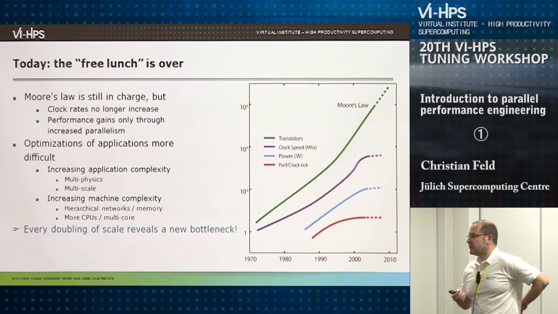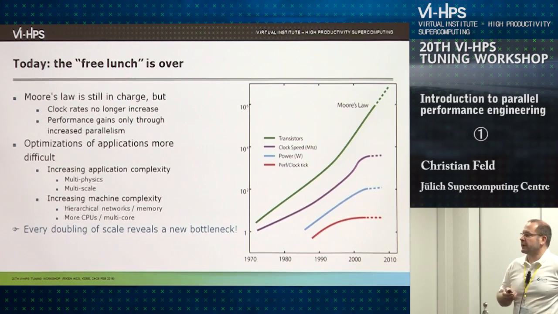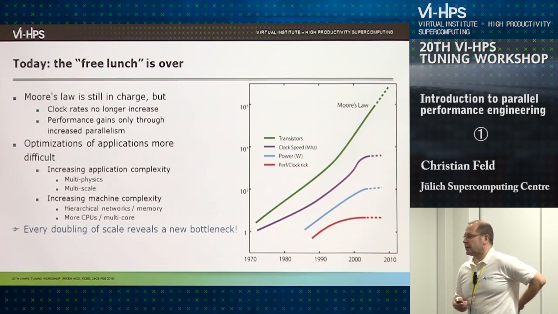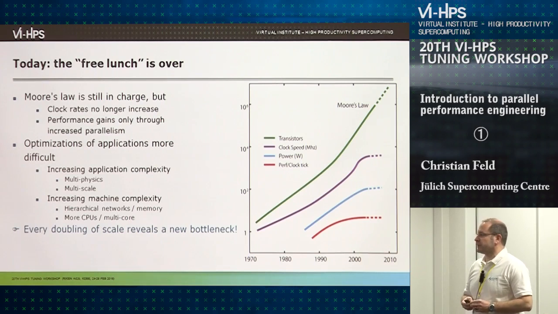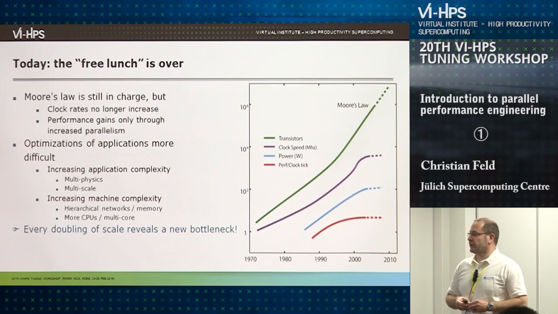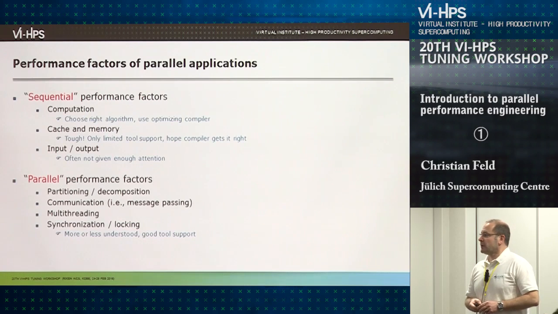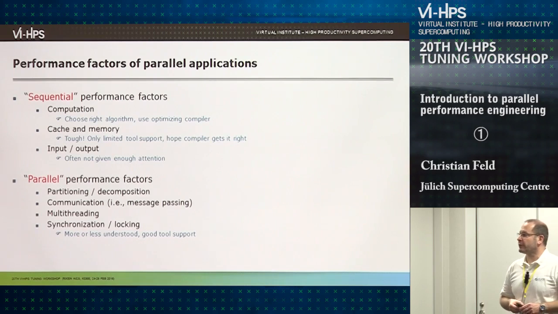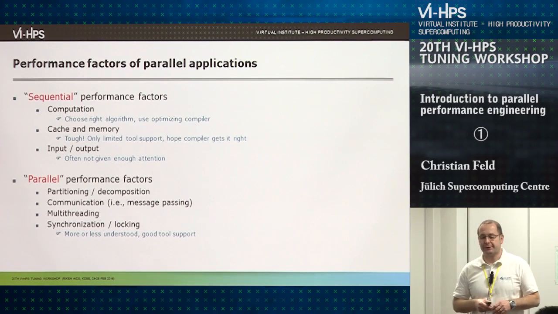What was also a new phenomenon is that if you increase the scale, so if you started with 512 processes and now you want to simulate on 1024, then usually a new bottleneck arises, because computation and communication do not increase at the same rate. There are several performance factors that can be classified into sequential ones and parallel ones.